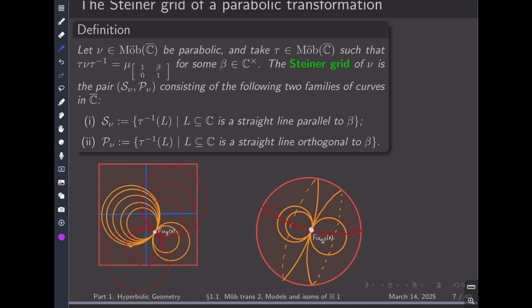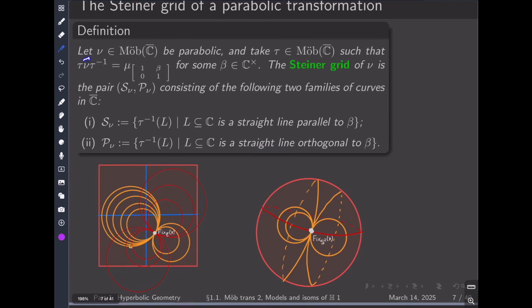The correspondence is that infinity corresponds to the fixed point of nu by the construction that we did yesterday, which means the straight lines parallel to beta are mapped to a family of circles that are pairwise tangent, and they are tangent at the fixed point of nu. And if I take the other family, the family of straight lines orthogonal to beta, same thing.